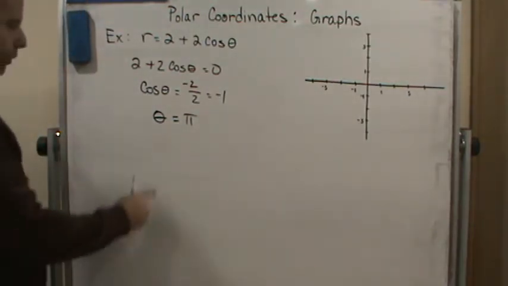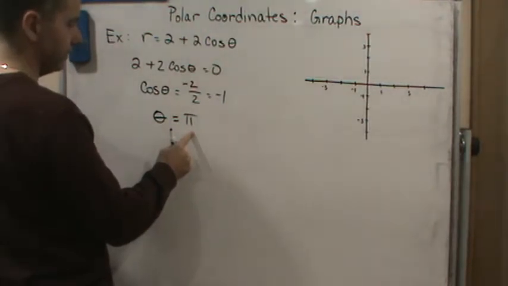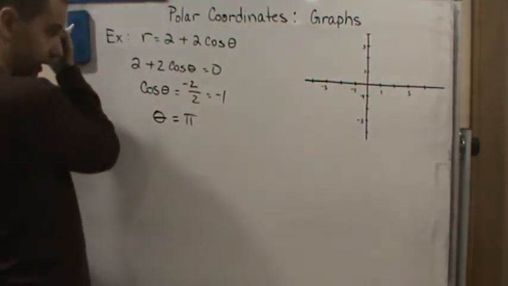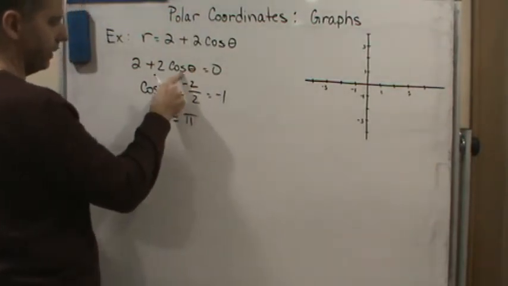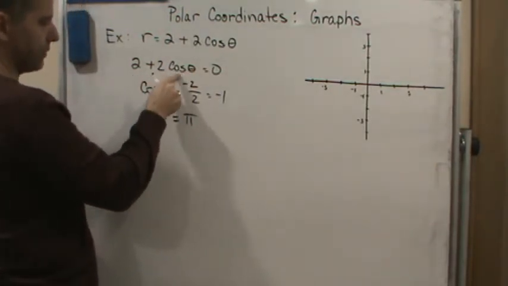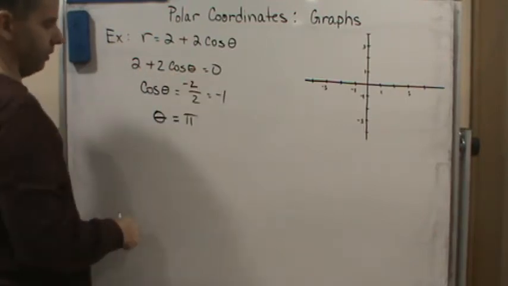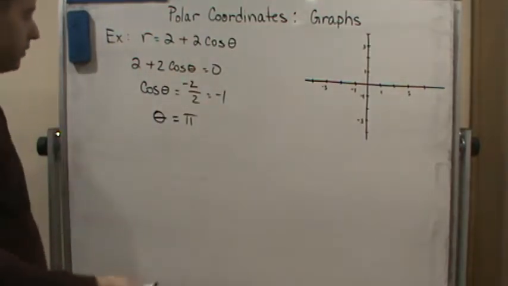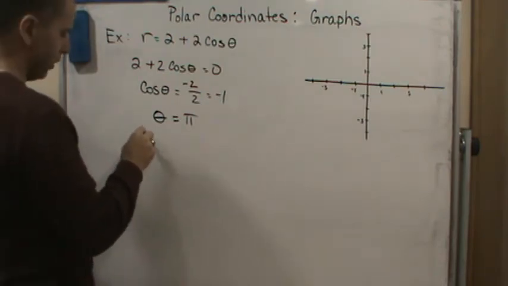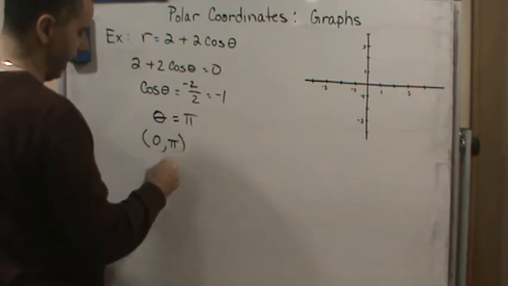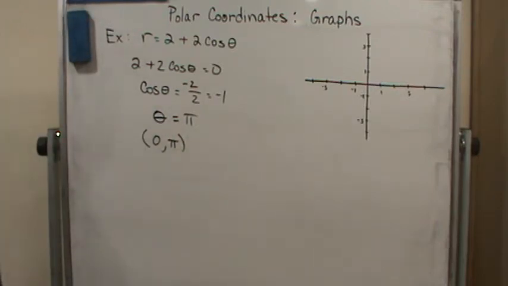Which means when theta is equal to pi, this thing is equal to 0. Because if this is negative 1, then this makes this 2 times the negative 1, which is negative 2, plus 2, which gives you 0. So there you go. So that means we have a 0 at 0 comma pi.